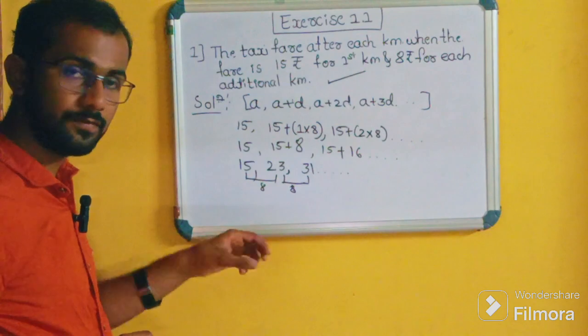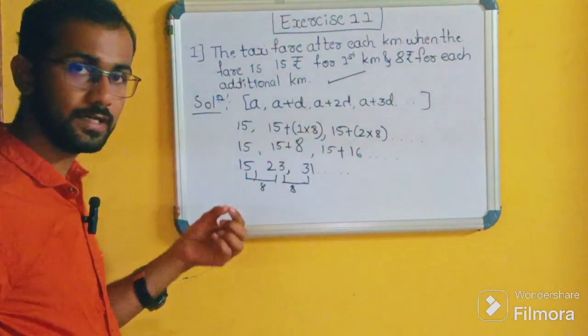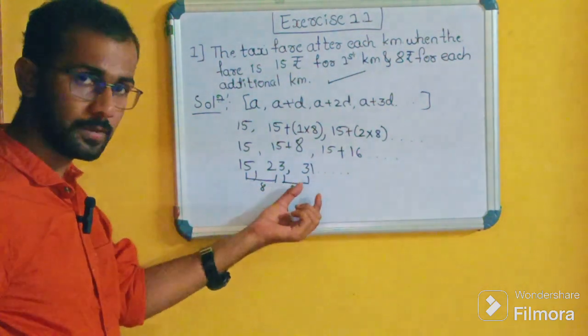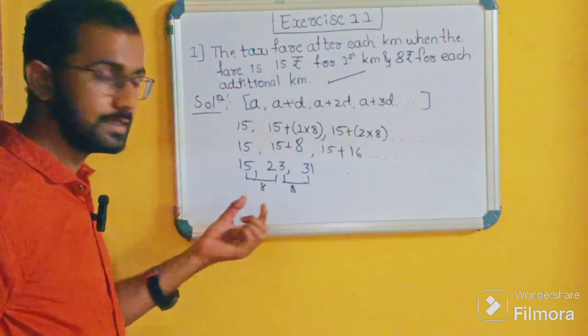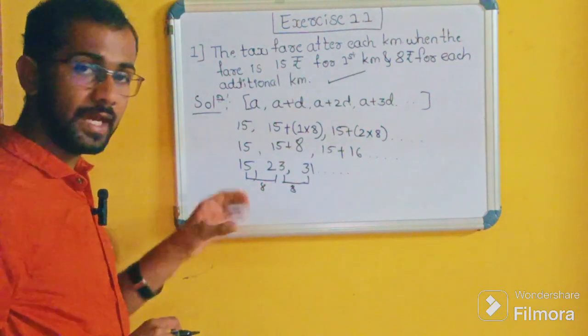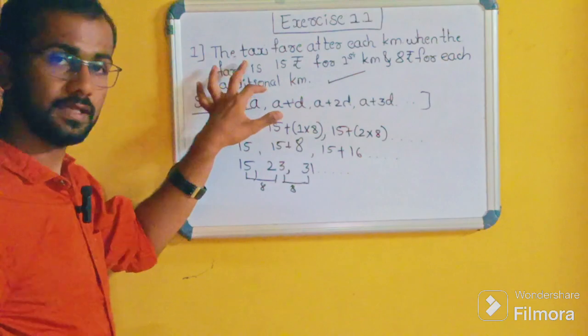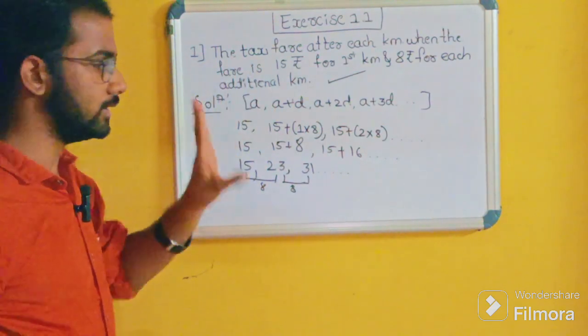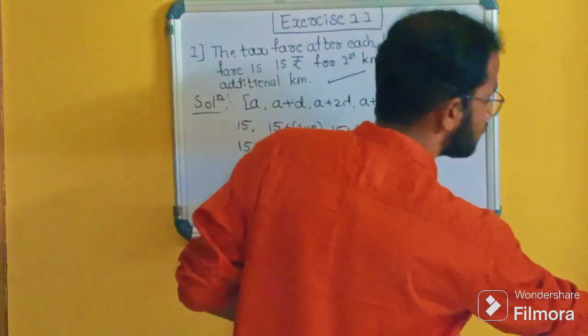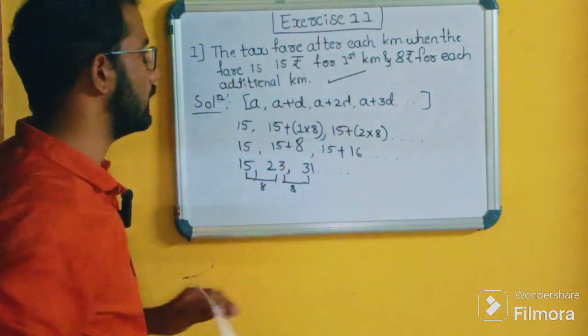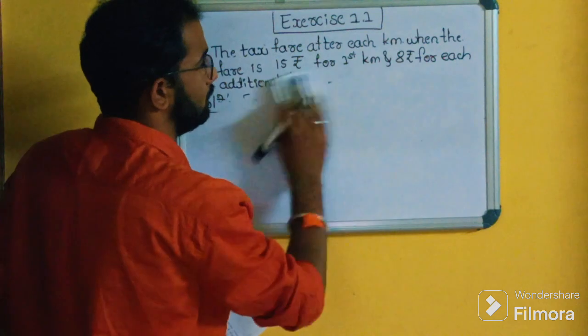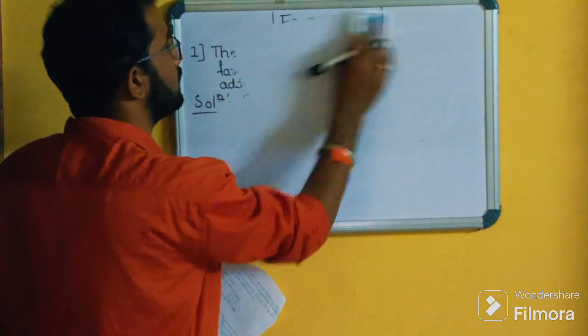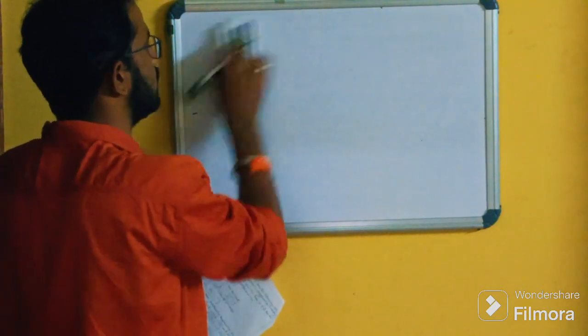The difference is the same, that is 8. Hence this situation forms an arithmetic progression. So this is the solution for the first question. Let's move on to the next question.